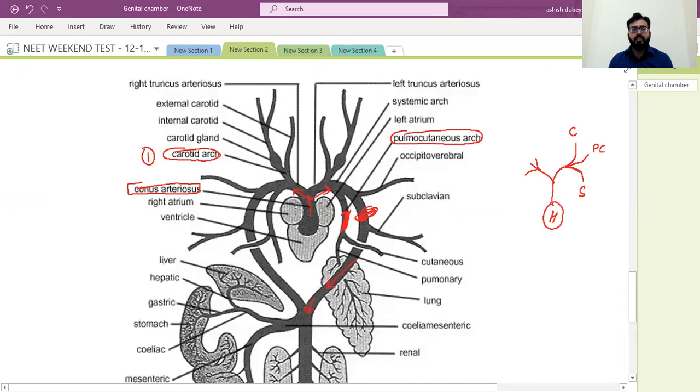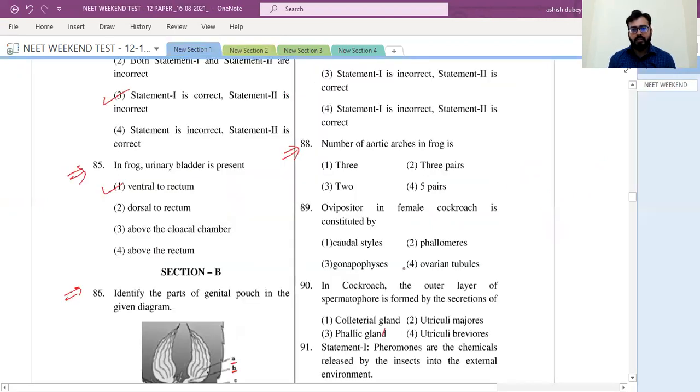So it is the systemic one. So each side, the branch of truncus arteriosus is giving rise to three arches. What are these? Carotid arch, pulmocutaneous, and the systemic one. So answer should be 1.